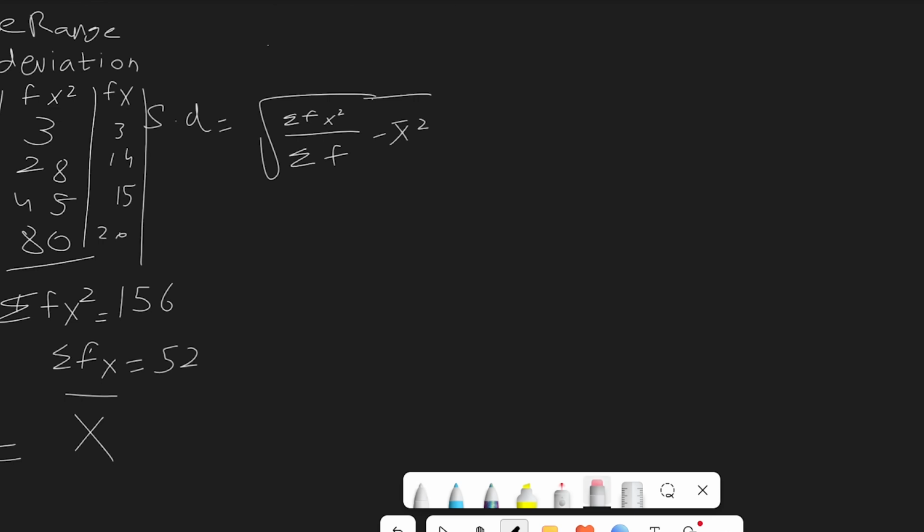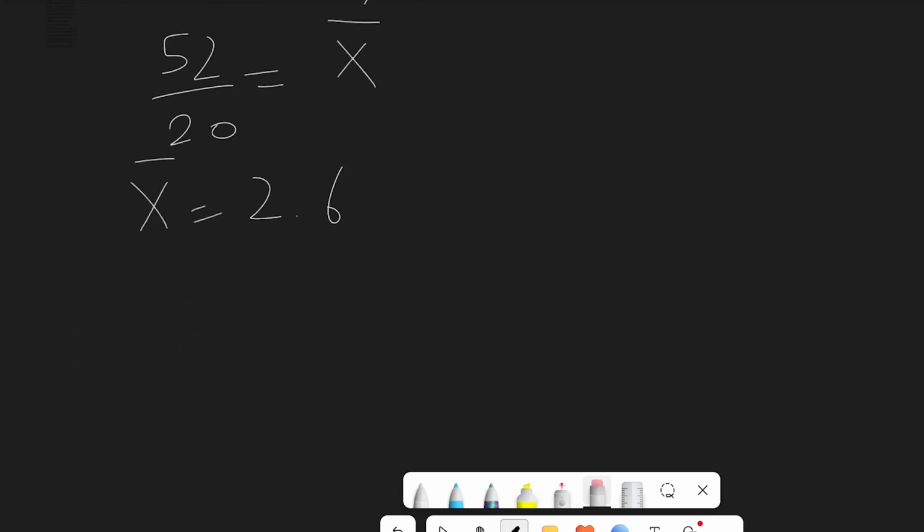According to this formula, we require the square of the mean. So the mean square would be 2.6 square, and that would be 6.76.